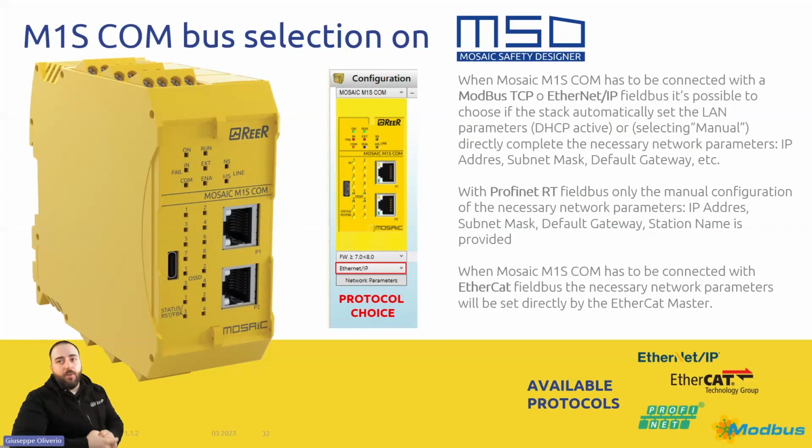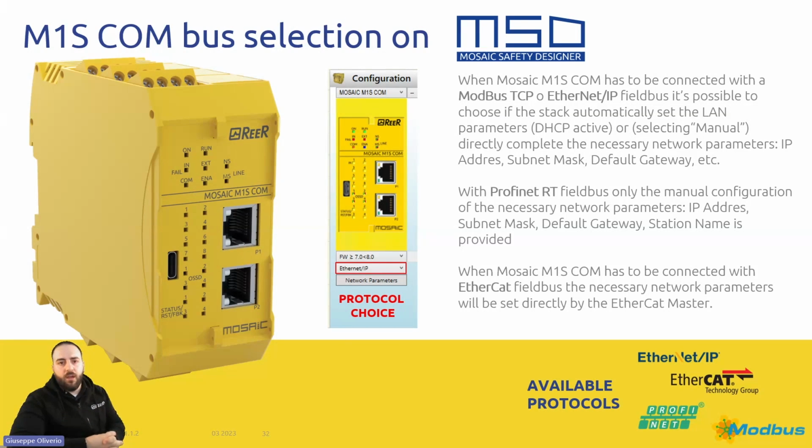You can set up the protocol that you are going to use directly from the software, and you can set up also the network parameters. So the network parameters must be the same as the controller, so as the PLC. In case of Ethernet IP and Modbus, you can also use the dynamic addressing of the controller.